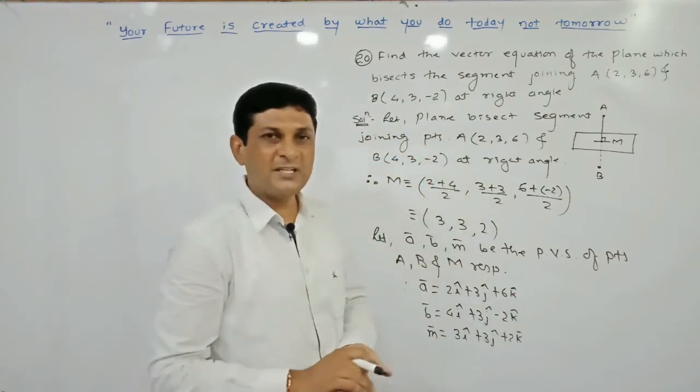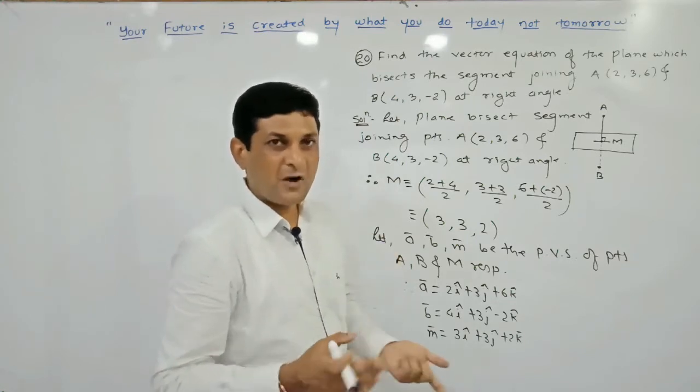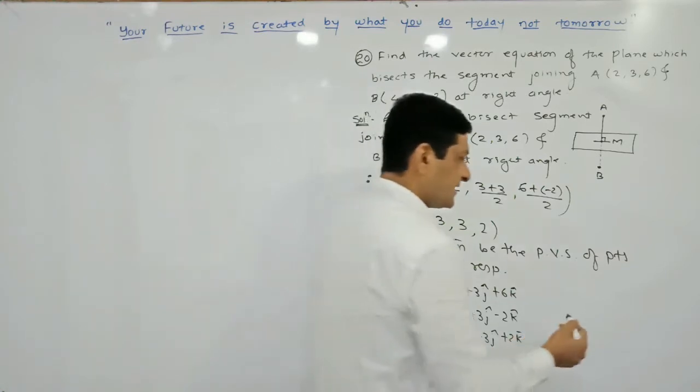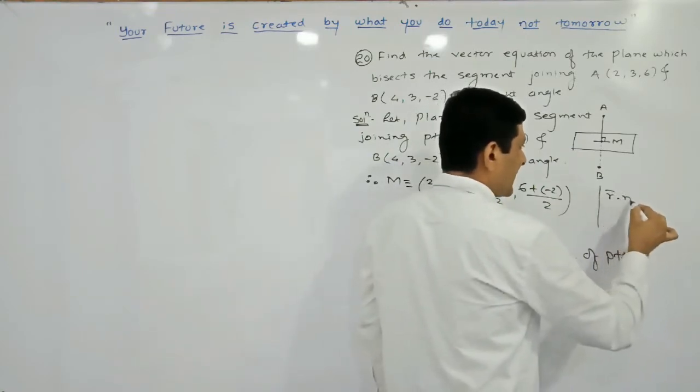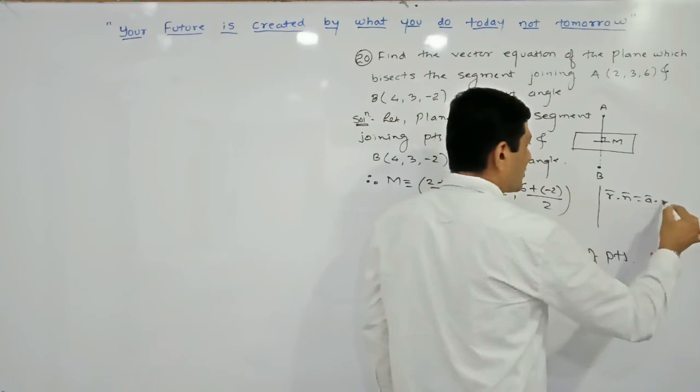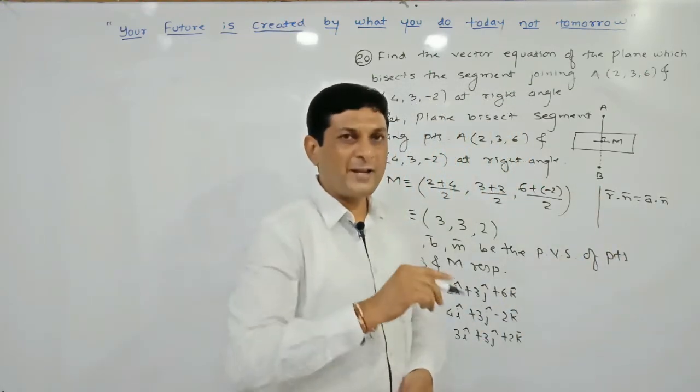Now, once all these values are known, to find the vector equation of the plane we have one formula, which we have applied in many examples: R bar dot n bar is equal to A bar dot n bar. Here A bar is the position vector of one point on the plane.